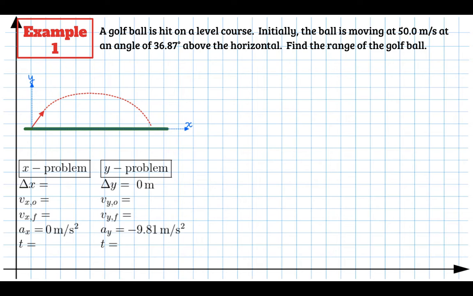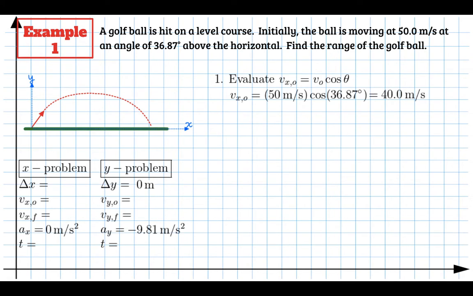When we solved horizontally launched problems, we knew that the velocity in the y direction initial was 0. But we don't know that anymore. We've got to figure out how fast it's going initially in the x and the y direction. So the first step in our solution is to find the velocity in the x direction using this equation. I can plug in my numbers, and I get 40 meters per second.